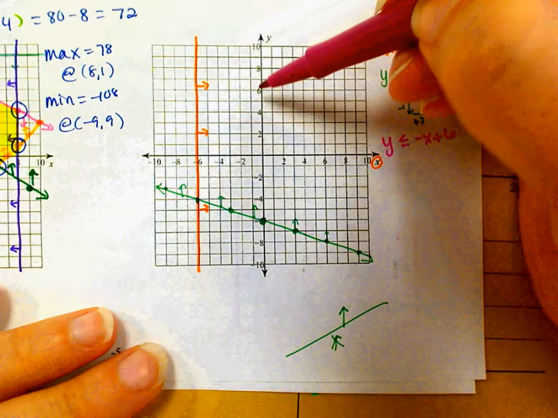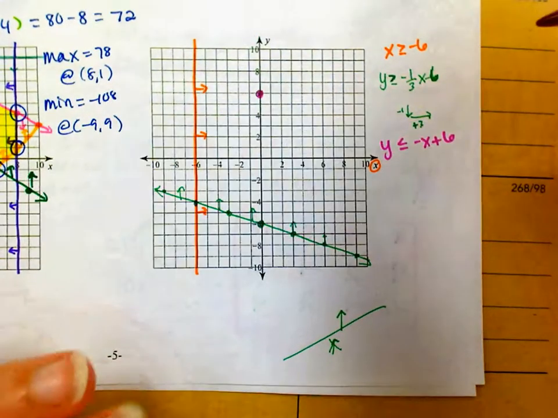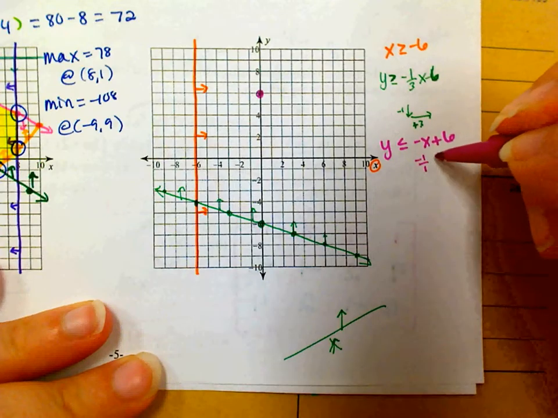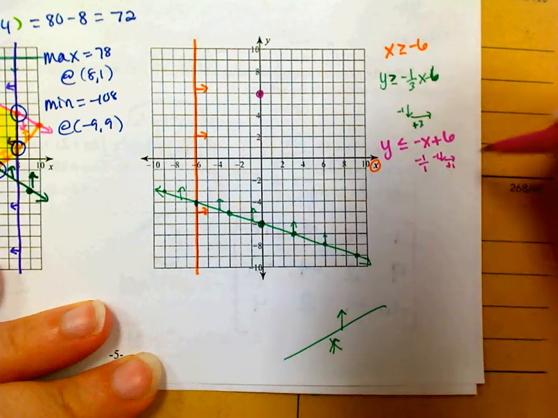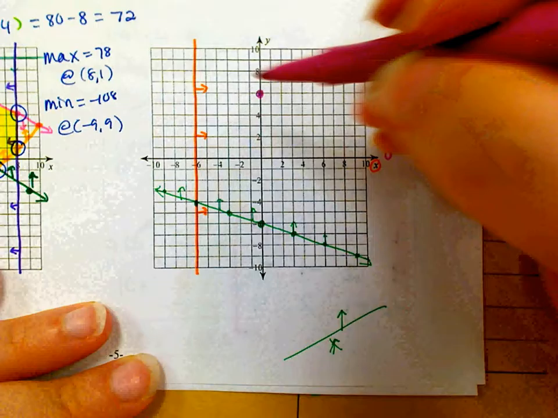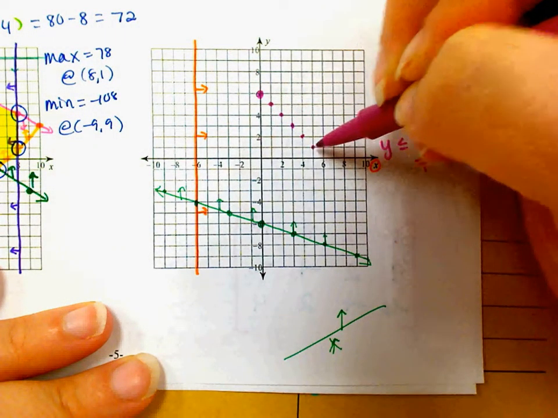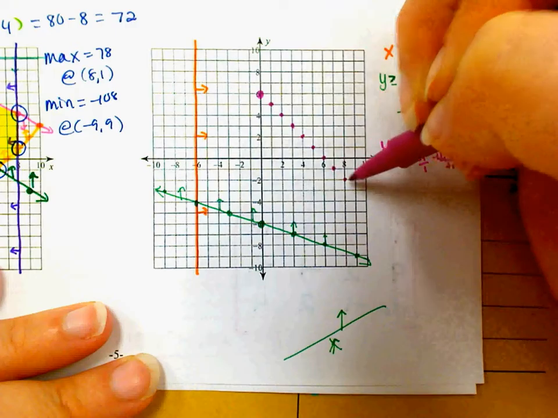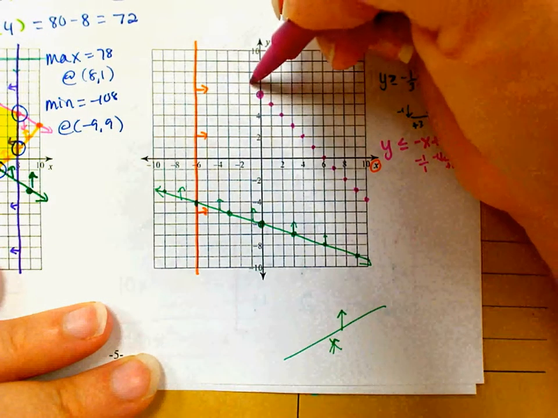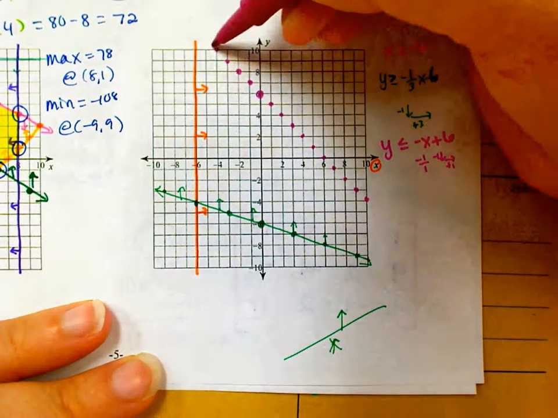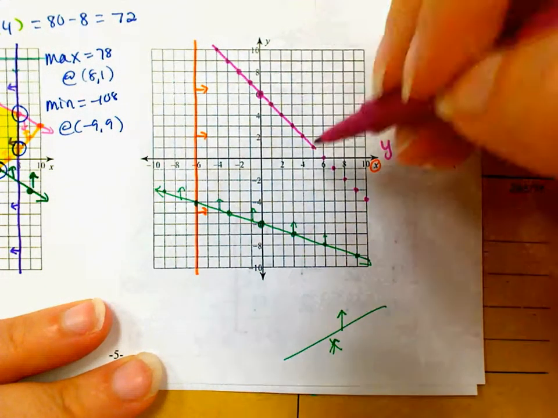Negative 1/1, so down 1 and right 1, or up and to the left. I'm going to keep going because I don't know when I'm going to need to see the intersection, and I'm going to go the opposite way, up and to the left. Now it does say less than, so which way should my arrows be pointing?